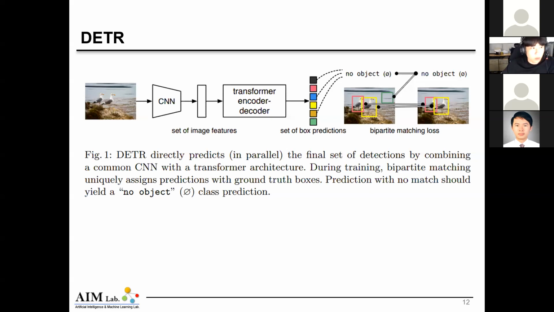But in this work, they do not use non-maximal suppression to remove the boxes. Rather than non-maximal suppression, they use bipartite matching to match the proposed boxes to the ground truth.